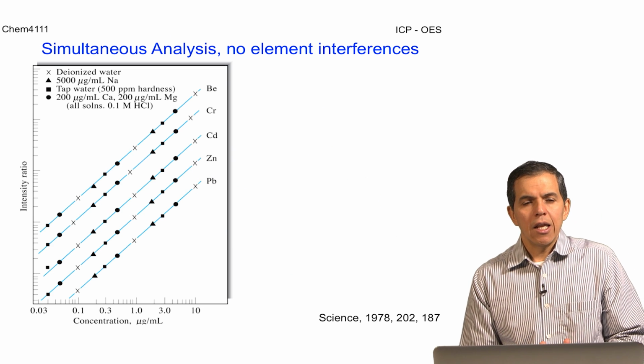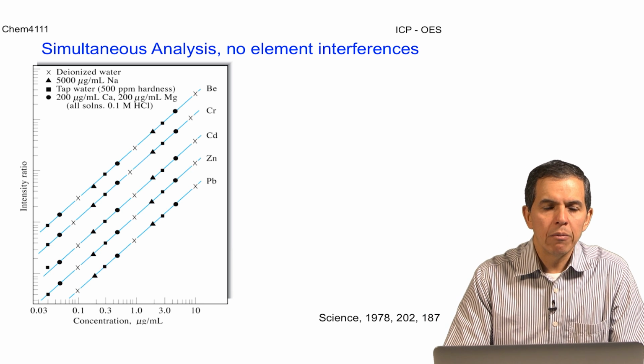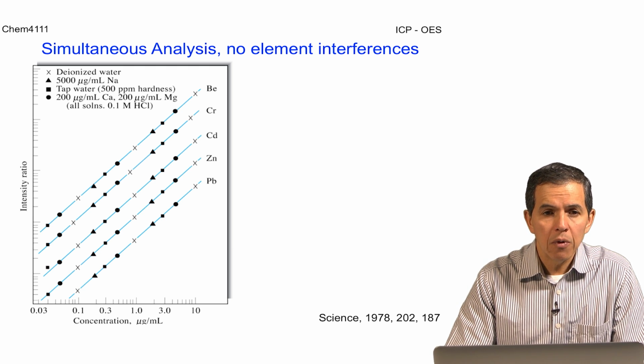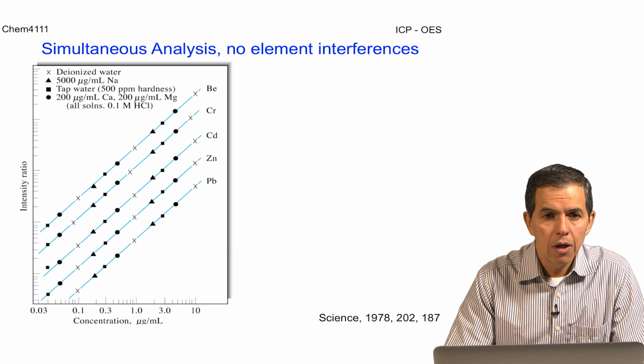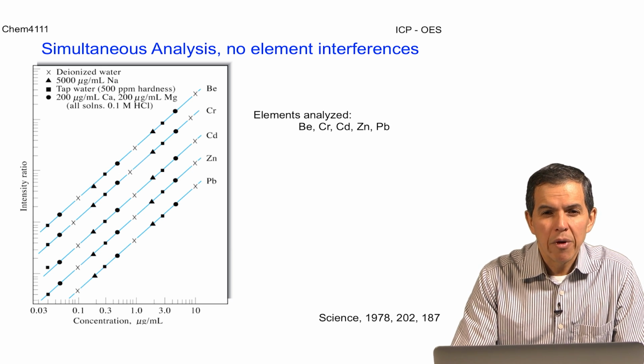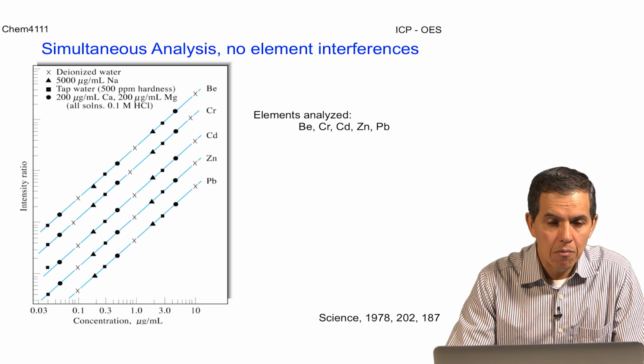That said, if we would like to analyze several elements and we know the wavelength of emission of each element, we are able to simultaneously analyze all of these elements. Here's an example of a typical calibration curve that demonstrates the ability to analyze beryllium, chromium, cadmium, zinc, and lead in the same sample, in the same measurement.